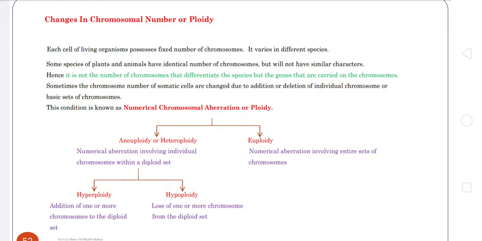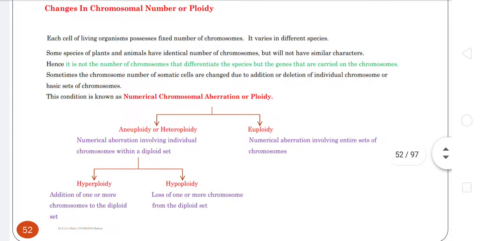Based upon either addition or deletion, this is again classified into two types: aneuploidy and euploidy. In aneuploidy, numerical aberration is seen in individual chromosomes but within a diploid set.